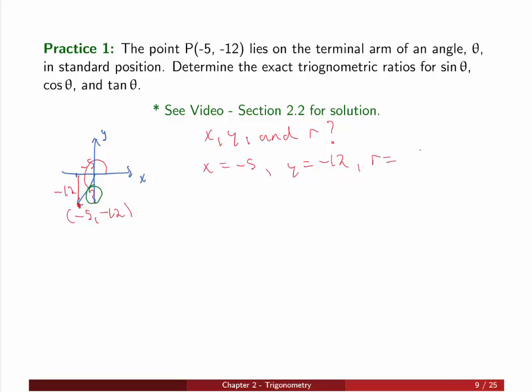It's going to be the square root of 5 squared plus 12 squared, so 25 plus 144, and all of this square rooted comes out to be 13. It's positive 13 because r is always positive. So now once you have the three values, sine of theta is y over r, which is simply -12 over 13.